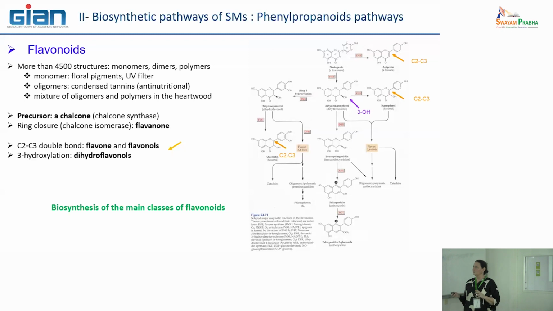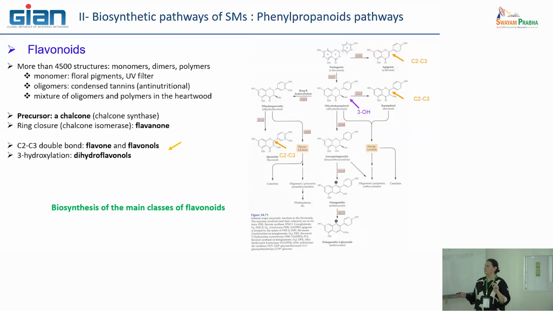Structural modification. So, for example, in the first scaffold of the first phenylpropanoid, you have 3 rings, A, C, and B.